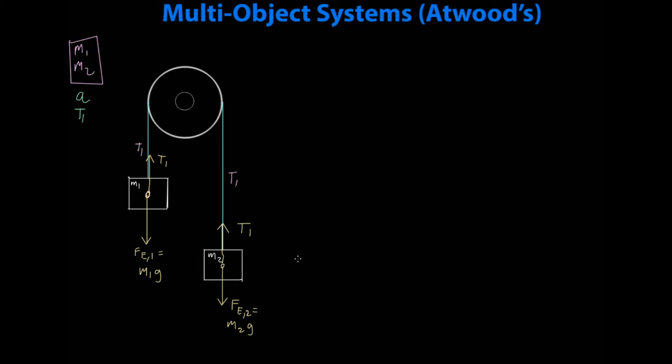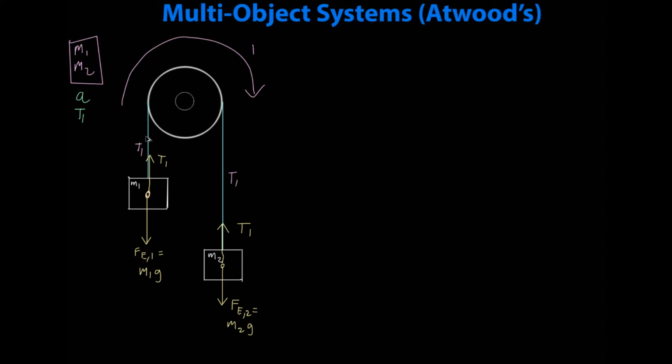Now, the next thing we need to do is to define which direction is positive. Earlier, things were just on a flat surface, so we made right positive, left negative. But here, this system could go one of two ways. Either mass 1 can go down or mass 1 can go up, which means mass 2 will do the exact opposite. So I'm going to say this way is positive.